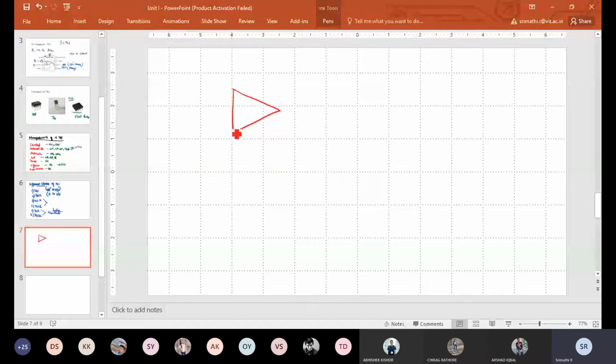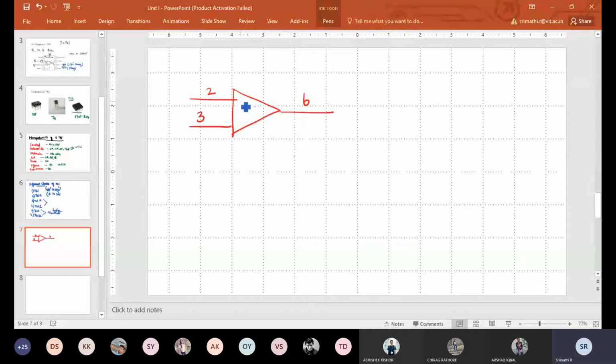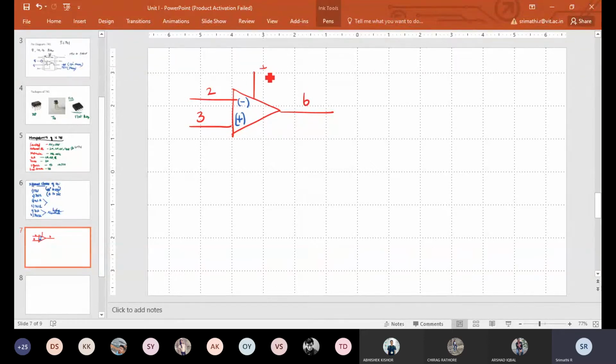So you have two input terminals and one output terminal: pin number 2, pin number 3, pin number 6 if it's an 8-pin DIP. This is the negative input terminal. This is the positive input terminal. And this will be plus VCC and this will be minus VCC. This is how it will be represented.